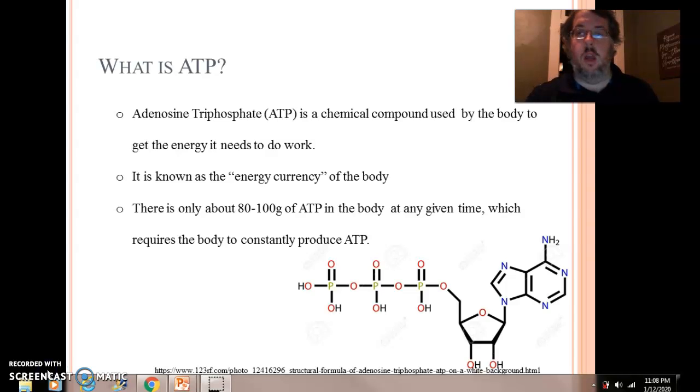As you're probably wondering, I mentioned ATP already. You might be wondering what that is. Well, it stands for adenosine triphosphate.